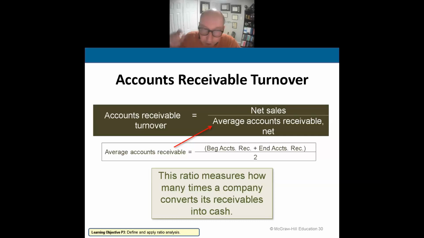average accounts receivable. When you see the word average in accounting, it means the beginning balance plus the ending balance divided by 2.